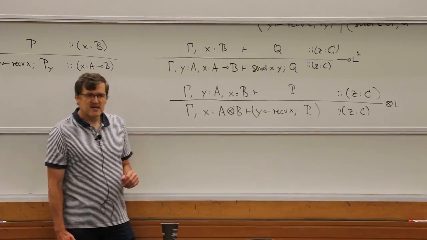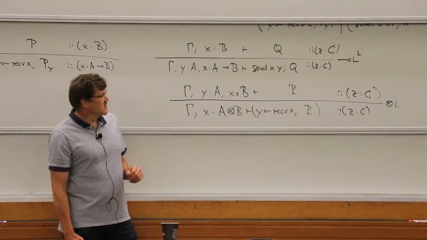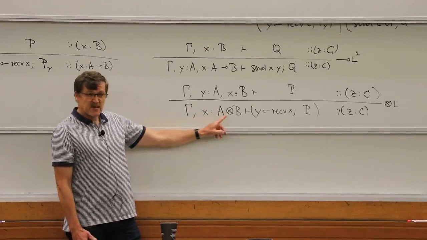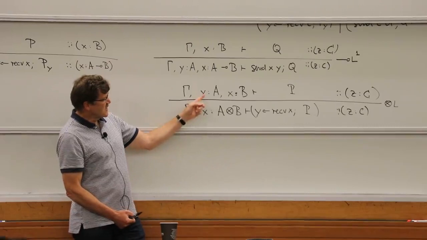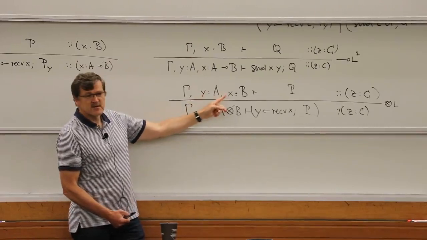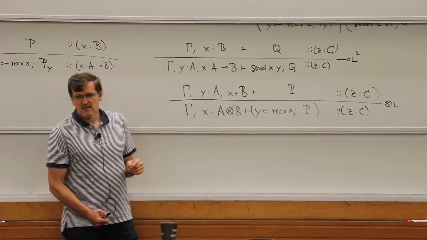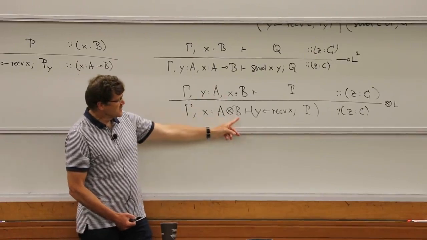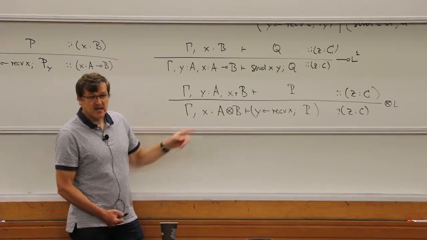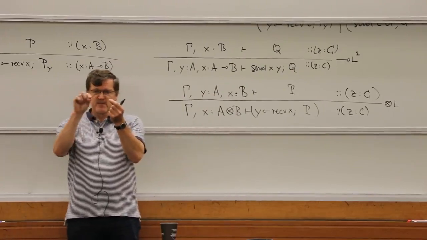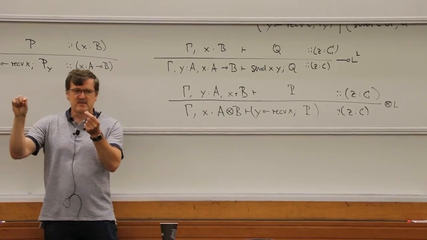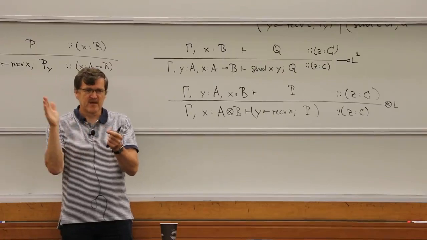It's a little weird, right? The slightly weird thing about this is that this looks extremely symmetric, but there's a slight asymmetry: we decide we're going to receive y and continue with B. We could equally well have said we receive a channel of type B and continue as A. But then when you actually read a type in your program, you have to jump and read backwards. You don't want to do that, so we read it from left to right.